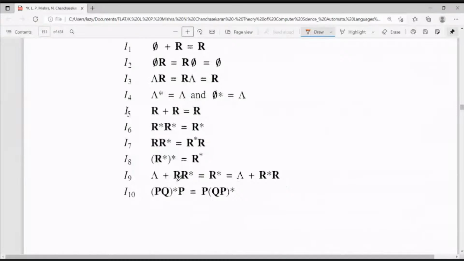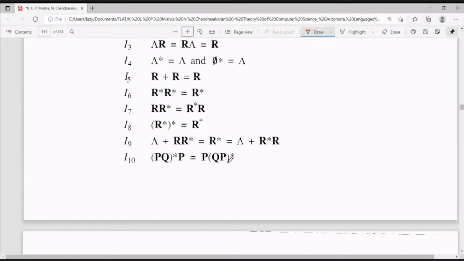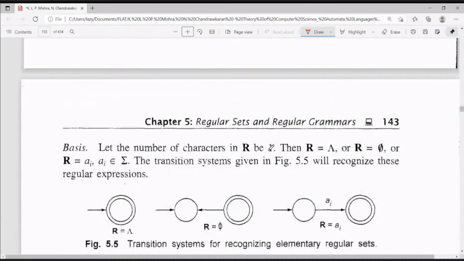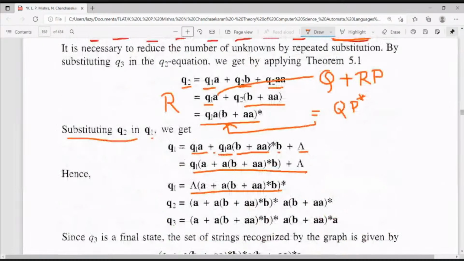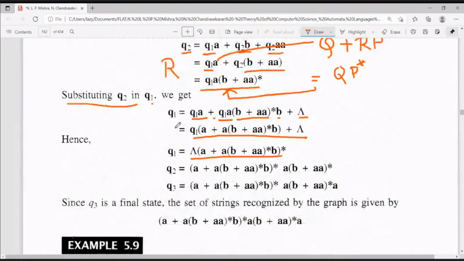R is equal to this, basically R plus is there. So let us recheck once again whether it is R asterisk or not. Yeah. Let us see. Here, yeah, that is the thing.